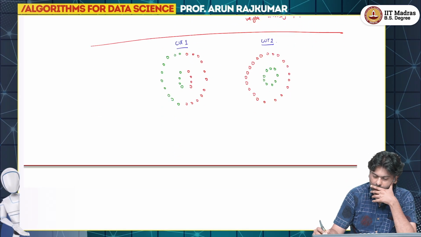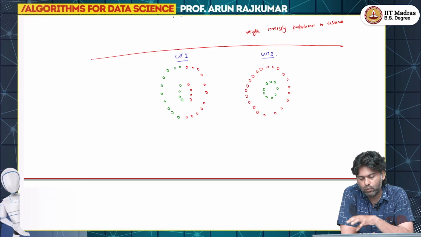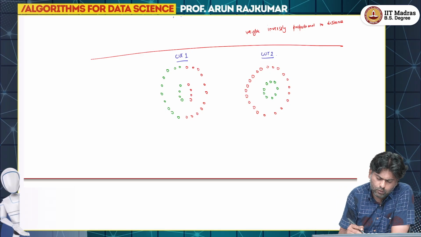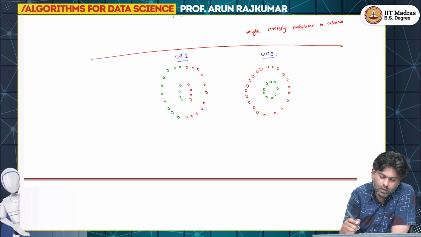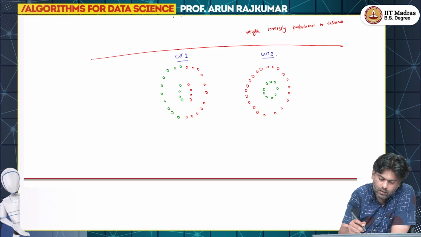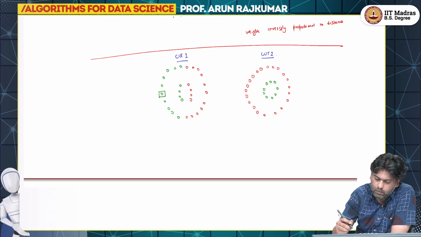So what's happening is, we have two different cuts, and we are interested in knowing which of these cuts would give us a larger value. Let's consider cut 1, for example. Maybe I should take an extreme case to illustrate this better. Let's say I take one of these nodes, and I can do this for both of these.